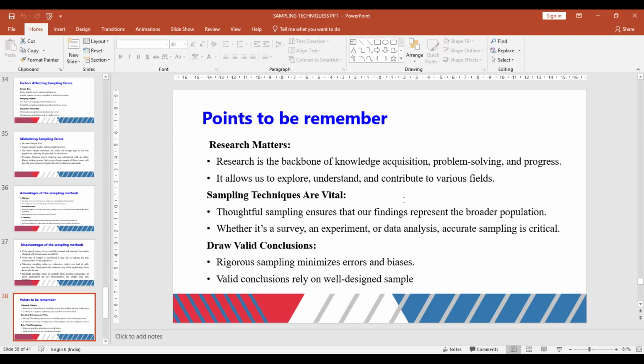Today we have examined various sampling strategies, each tailored to different research needs, for selecting a representative sample to ensure accurate and unbiased results. Remember, the strength of research is directly linked to the robustness of our sampling approach.